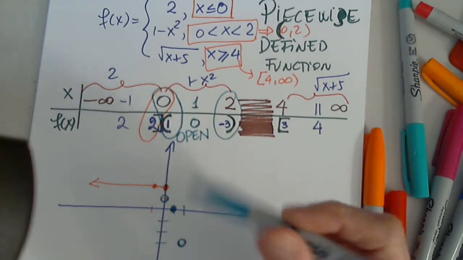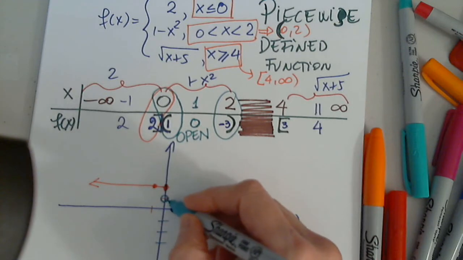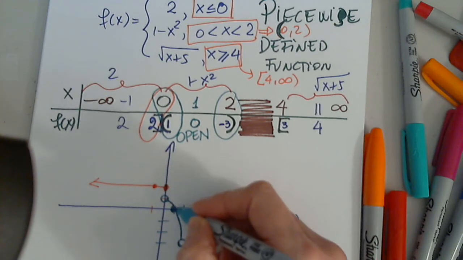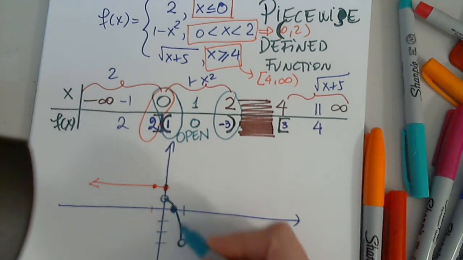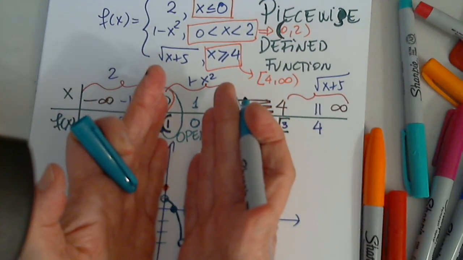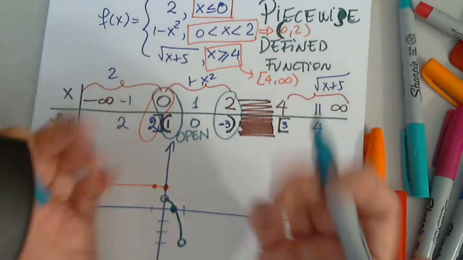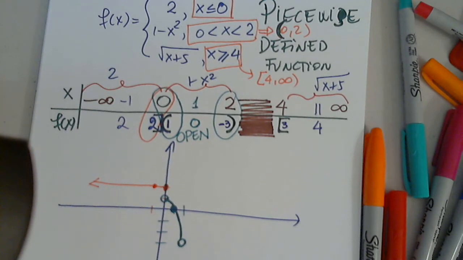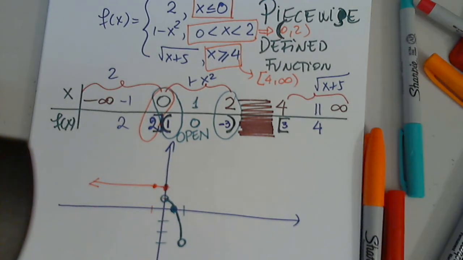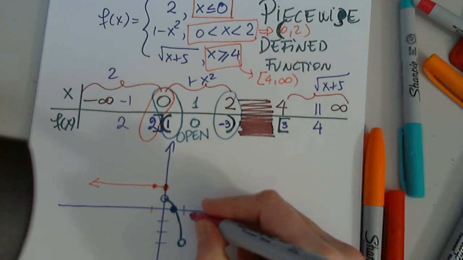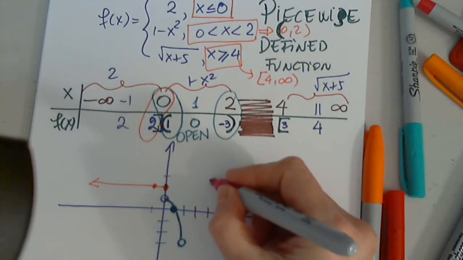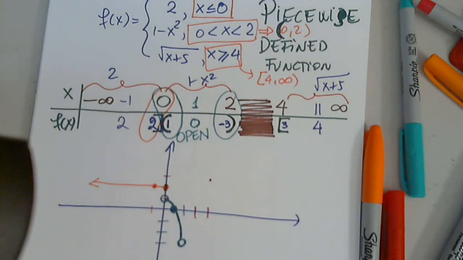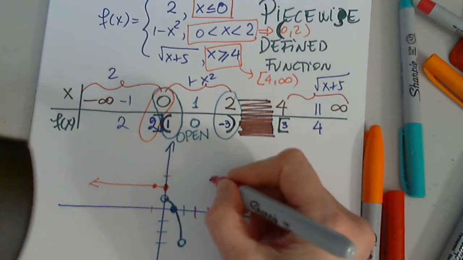This in green is the second branch, and this is a parabola. It's not a straight line. It's a piece of this parabola. I can only graph this piece between 0 and 2. With a different color, I will move on to the last piece. So this was 2, 3, 4. 4, 3. Is it a full point or an open point? Full.